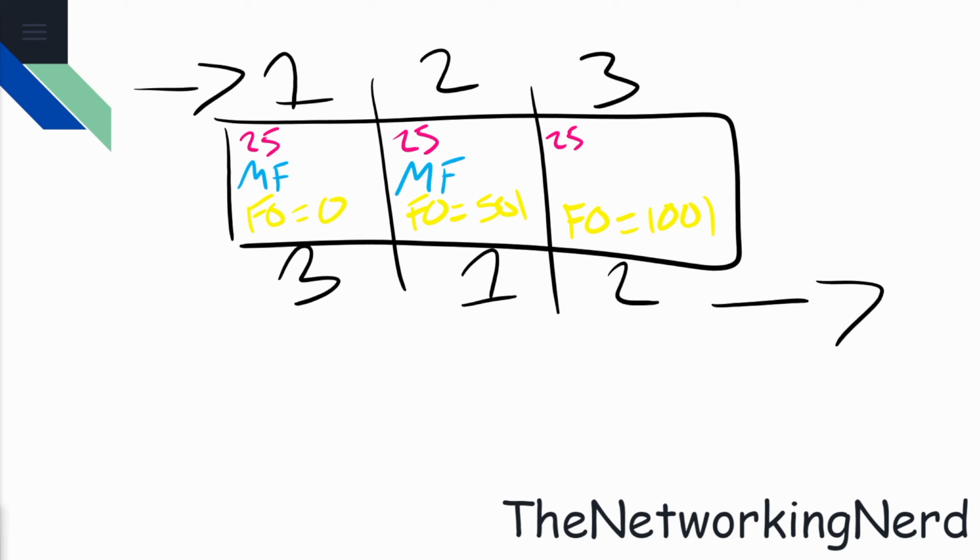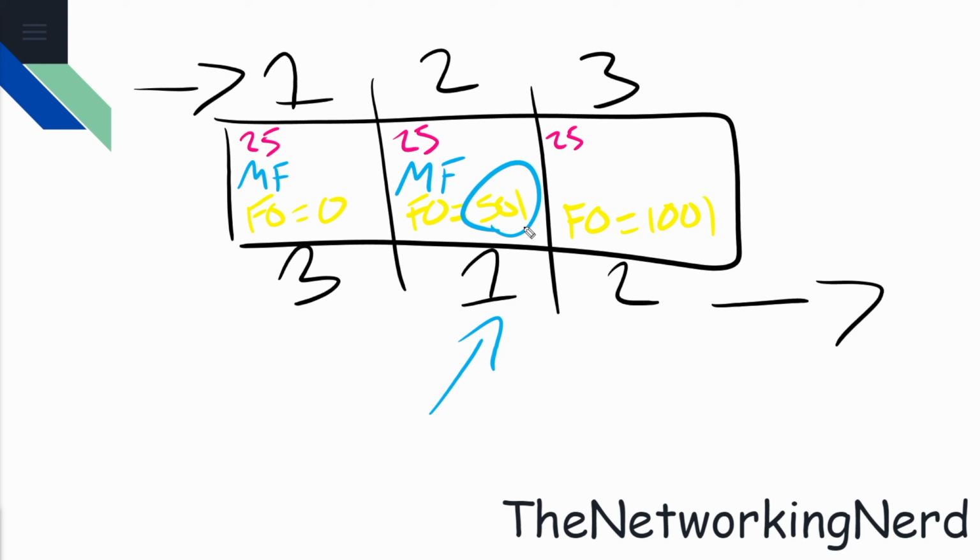So again, to reiterate, from a receiving device perspective, when we take a look at the way that these packets were received, we have this first packet here. We know that this is a fragment because the more fragments bit is set. We know that it is not the first fragment because the fragment offset has a value that is not 0. So we know that this is not the first packet.